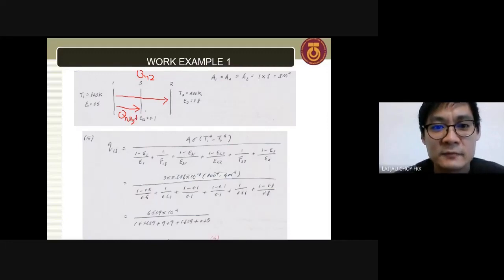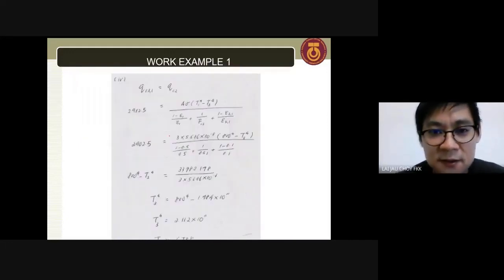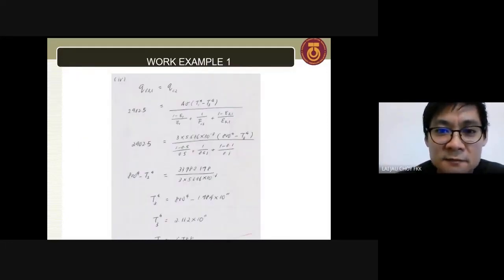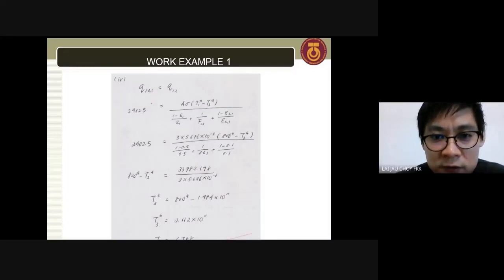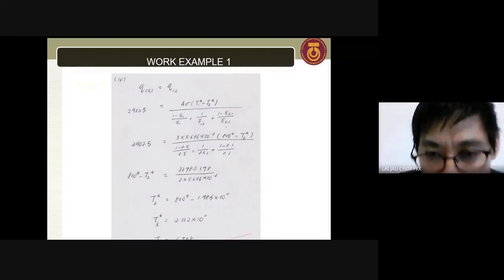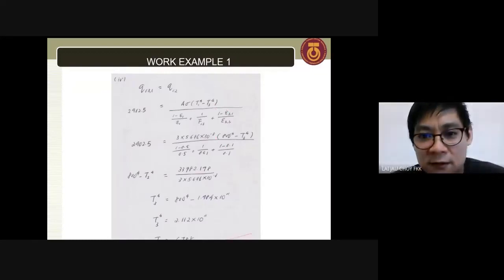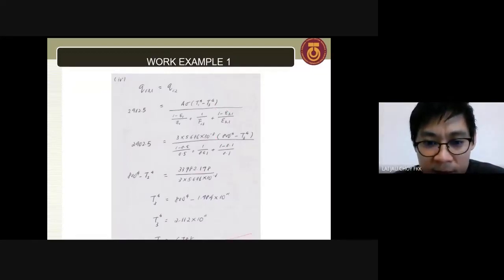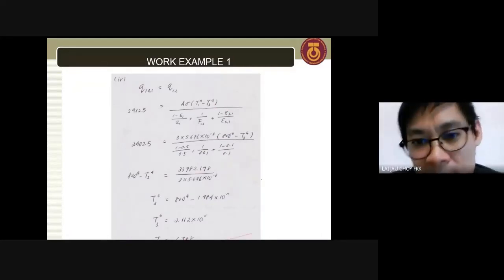So they are the same. Based on this principle, we can solve this problem. Because we know what Q12 is, by using this formula and substituting all these values, at the end we will get T3. My answer is 678 Kelvin. So that's the answer.